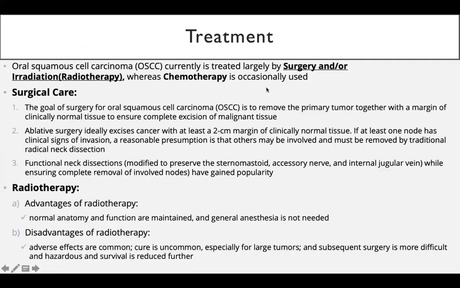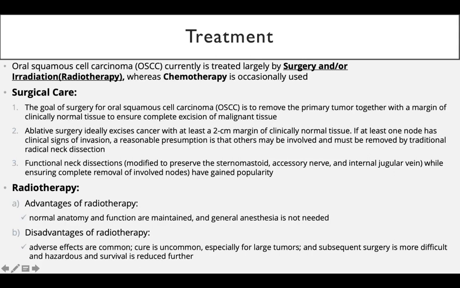Now we go to the last part of this slide and stomatology, that is treatment of OSCC. Oral squamous cell carcinoma, OSCC, is currently treated largely by surgery and or irradiation, radiotherapy, and chemotherapy. So we have some invasive therapy: surgery, and then other therapy includes irradiation, radiotherapy, and chemotherapy.